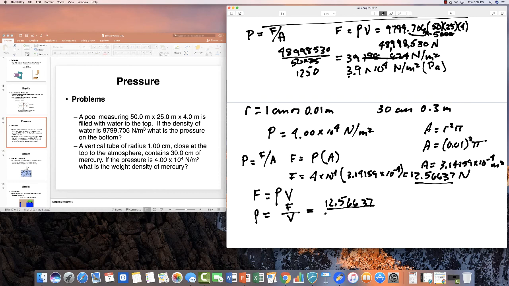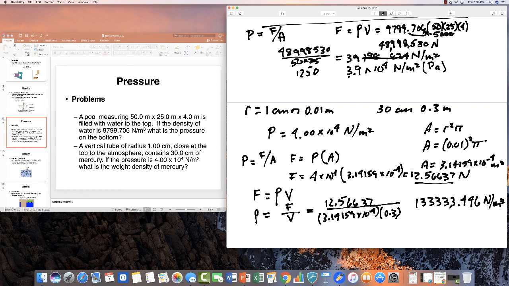So it's going to be 3.14159 times 10 to the minus 4 times 0.3. So the weight density is 13333.446 newtons per meter cubed.